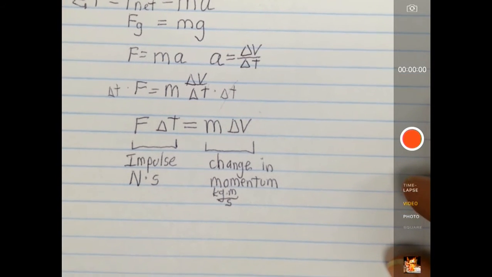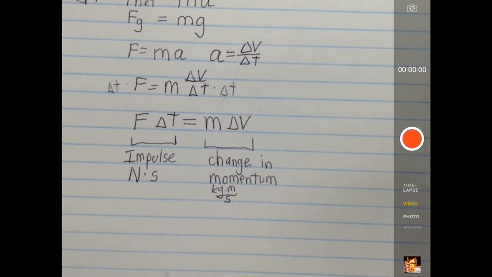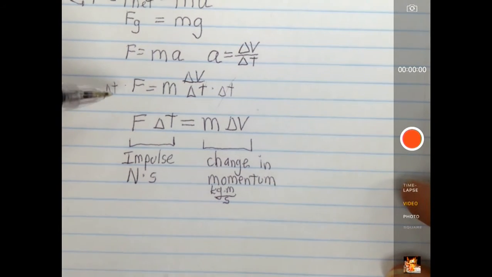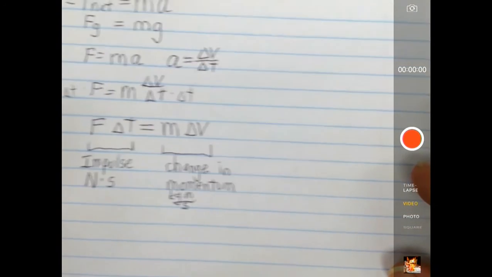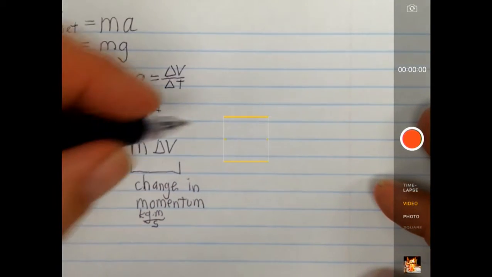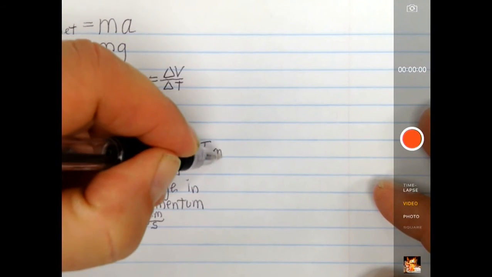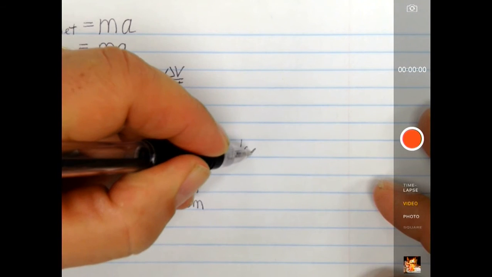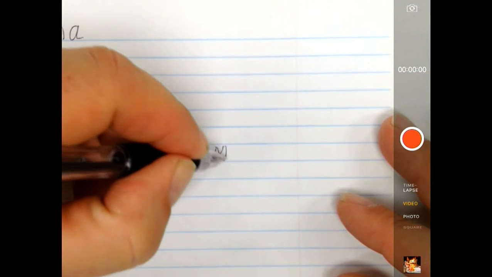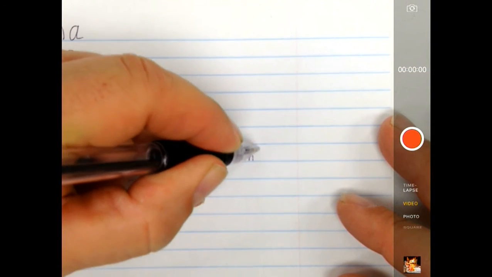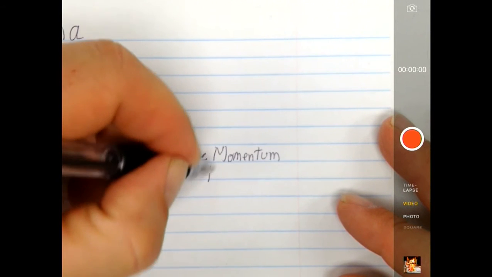Yes, indeed. Kilograms, meters per second. This entire equation or expression is named the impulse momentum theorem.